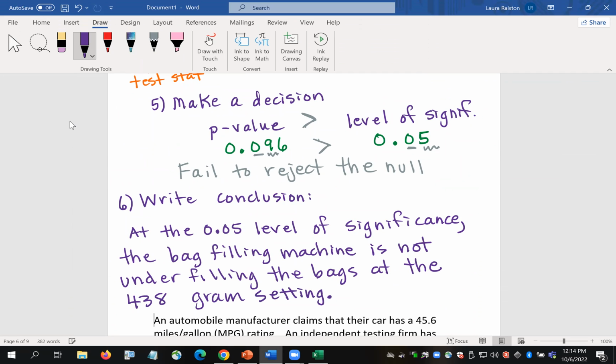Okay, that we were trying to determine if it was underfilling the bags. We determined that it is not, which is what I said. The bag filling machine is not underfilling the bags at the 438 gram setting.